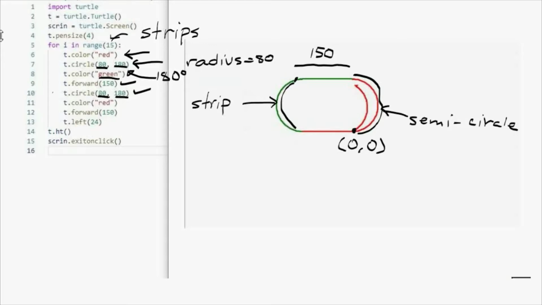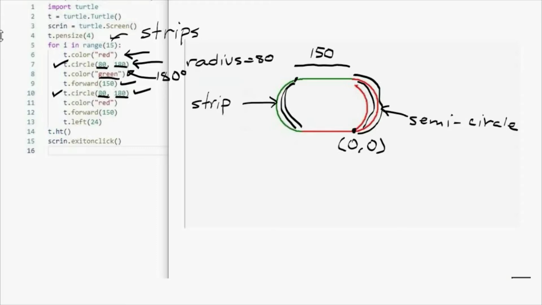So look at this line here and this line here, they are exactly the same because this semicircle here and this semicircle here, they have exactly the same measurements.